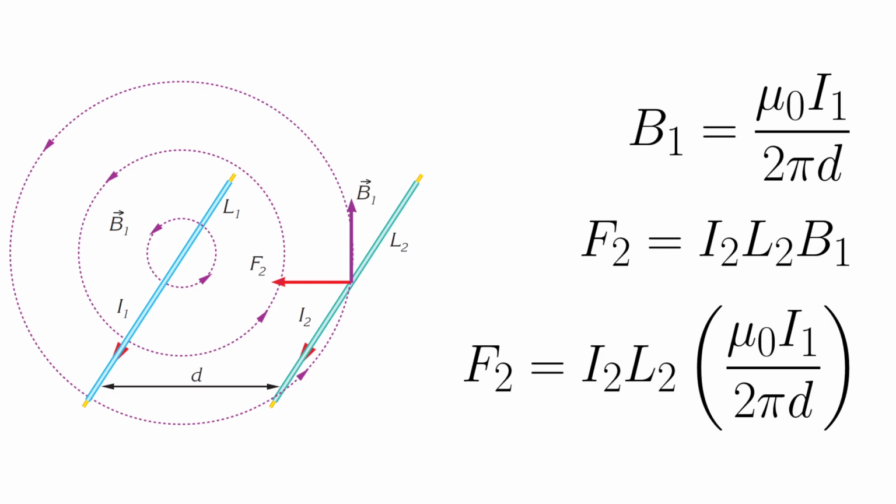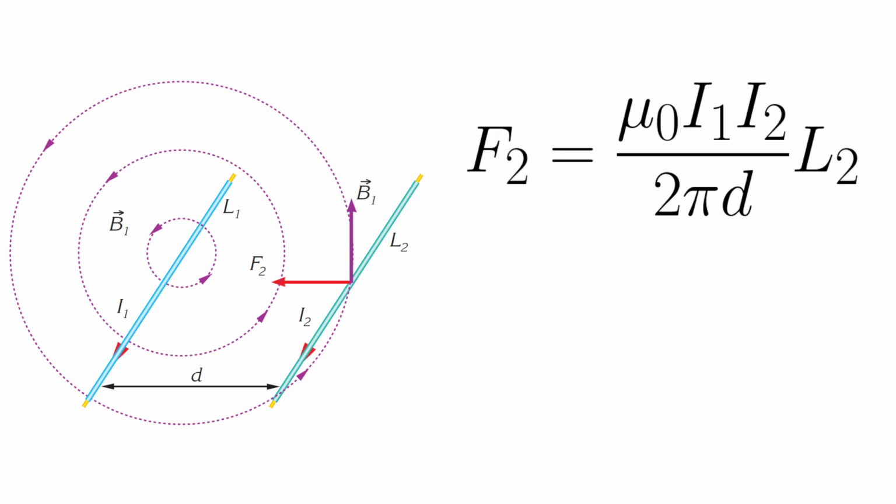Now, if we arrange the terms, we can get this kind of equation. So force 2 is equal to mu0 times the currents which flow in the first and the second wire, divided by 2 pi d, where d is the distance between wires, and multiplied by the length of the second wire.